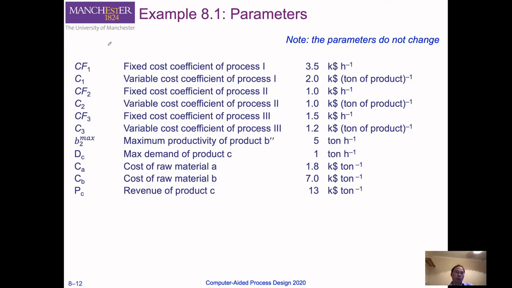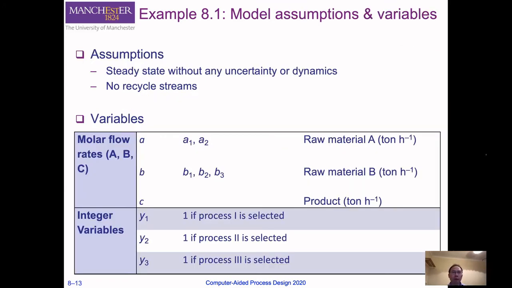We use several symbols to denote the data that are given to us. For instance, we use the symbol CF1 to denote the fixed cost coefficient of plant 1, and also we use the symbol TC to denote revenue, the price of product C. Before we develop a mathematical formulation, we need to make some suitable assumptions.